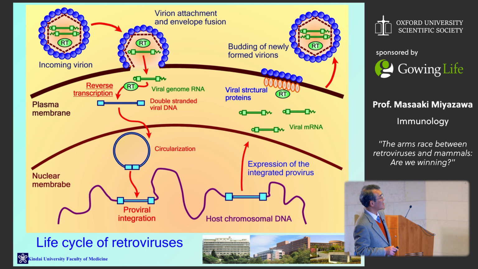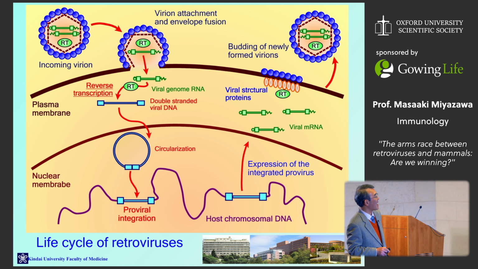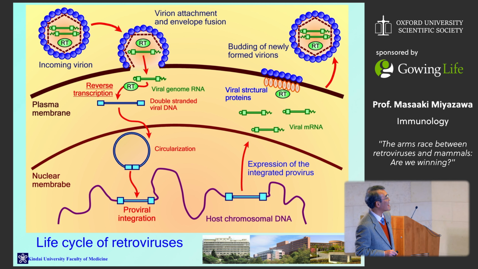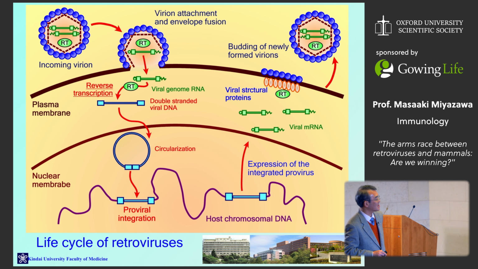And reverse transcriptase, as I told you, produces double-stranded DNA from the single-stranded viral RNA genome, and this double-stranded DNA is then transferred into the nucleus and circularized, and then by the function of a part of reverse transcriptase named integrase, it is integrated into the DNA genome of the host cell.